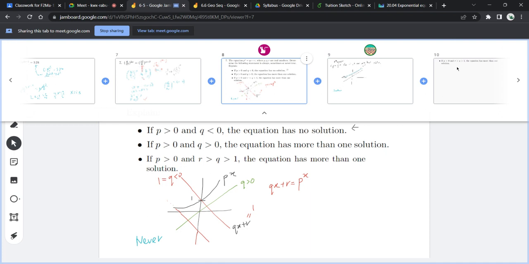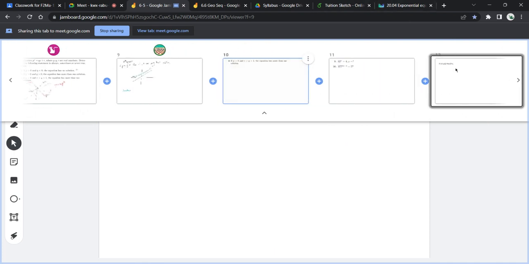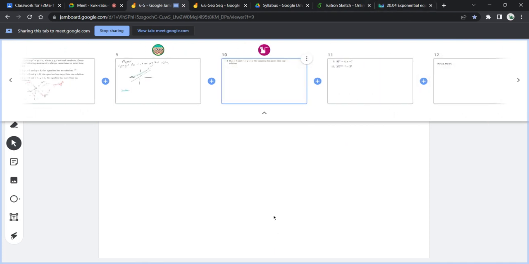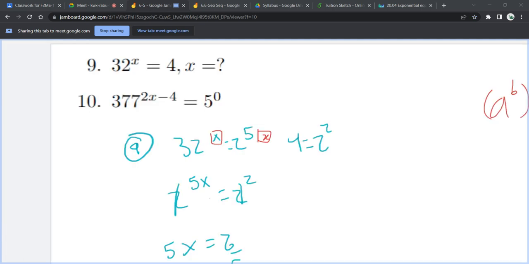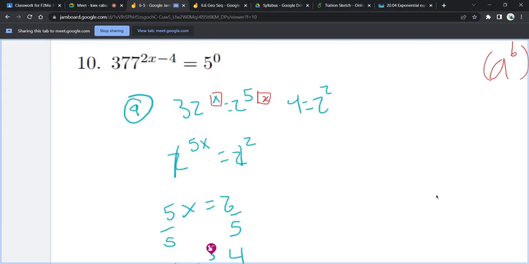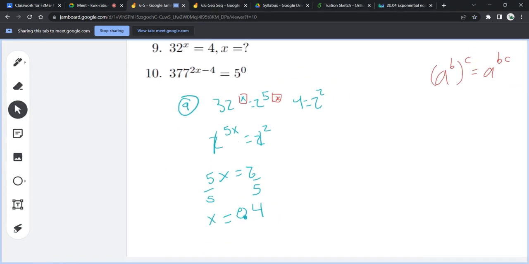Okay, on page 10, for the x is 0.4. Yes.